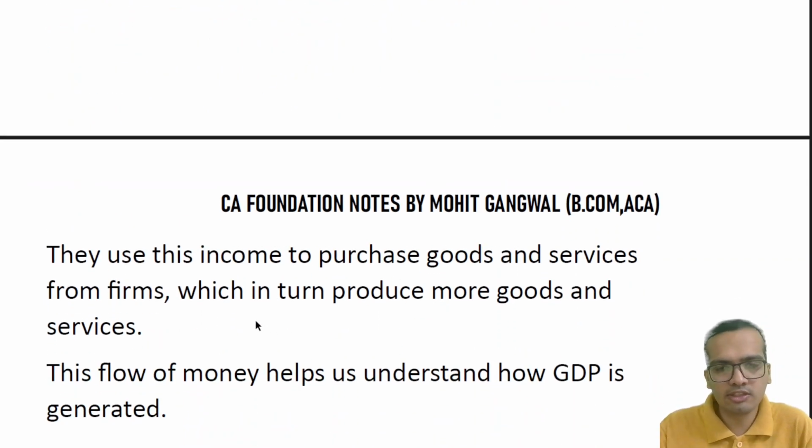Then they use this income to purchase goods and services from these firms, which in turn produce more goods and services. This flow of money helps us understand how GDP is generated. The same money is rotated from one place to another and keeps on moving.